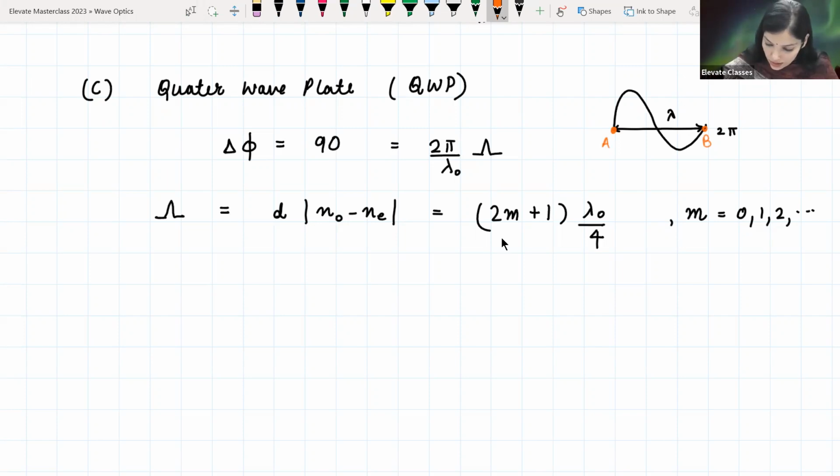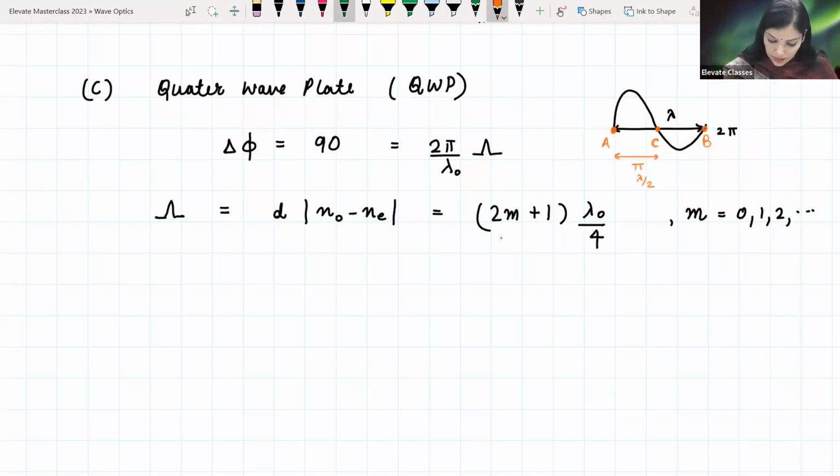And therefore this point, if I consider C point, this distance should correspond to a phase change of pi. And this pi corresponds to what? Lambda by 2. So like that you can remember that the optical path difference should be lambda by 2.